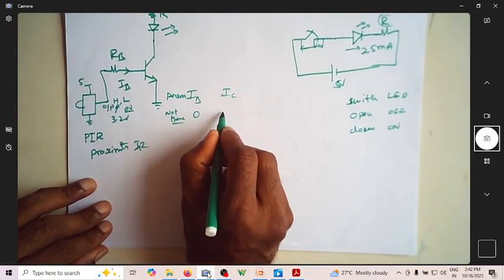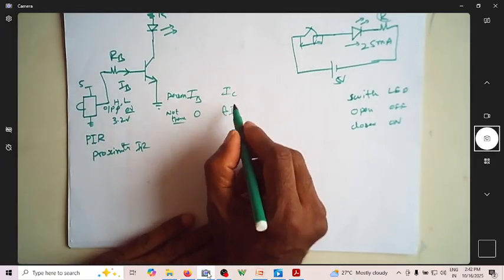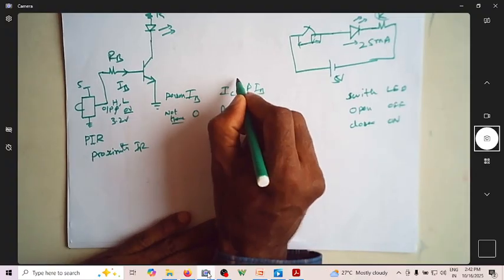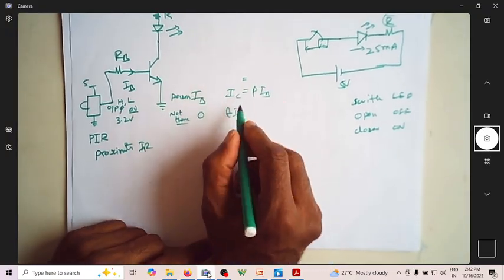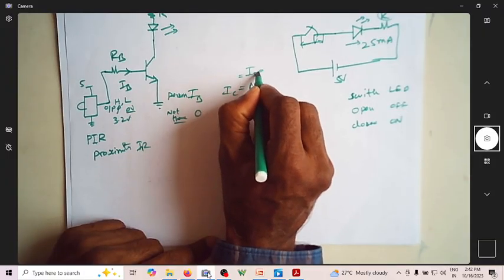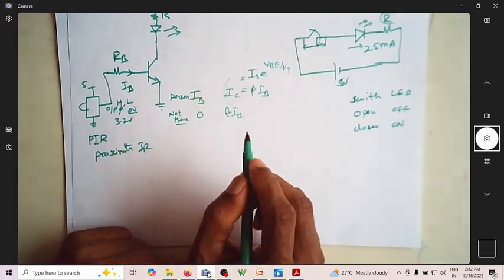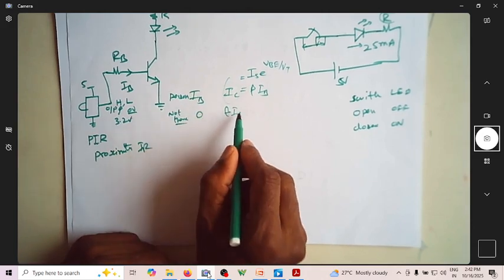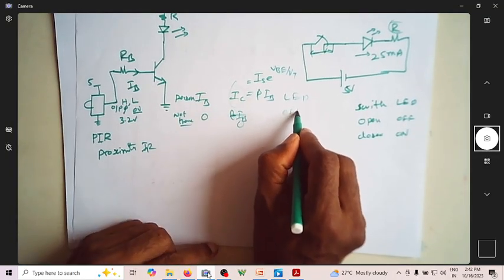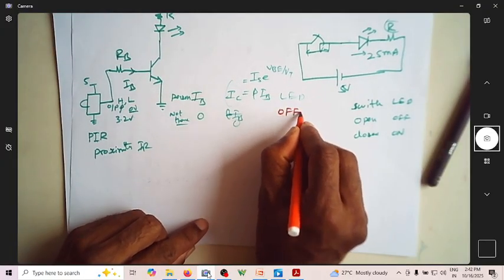We know that IC is equal to beta times IB, and we also know that IC is equal to IS e power VBE by VT. These are the two equations which decide the value of IC. Since IB is 0, IC will be 0, so the LED is off. That is what we want.